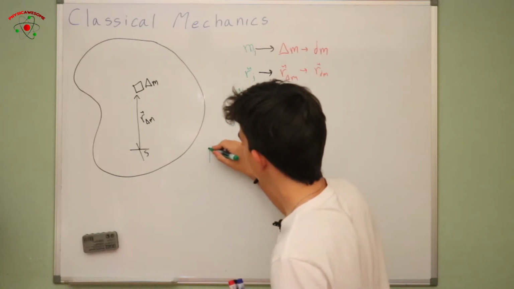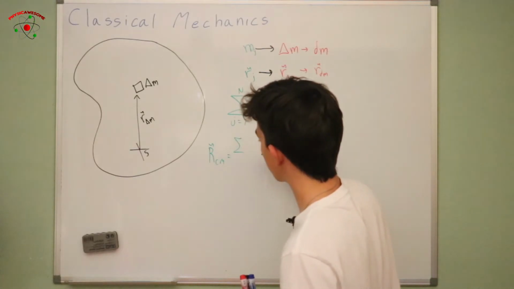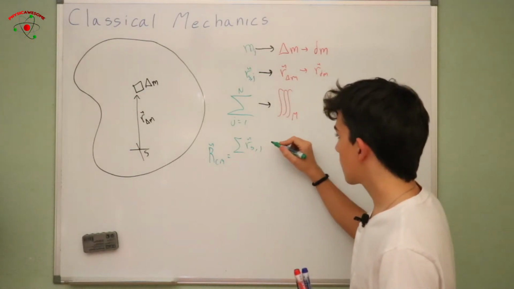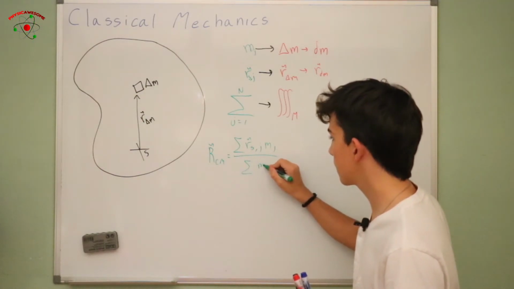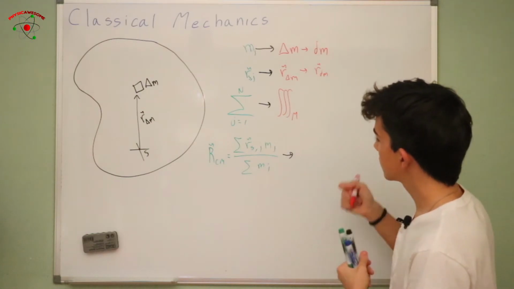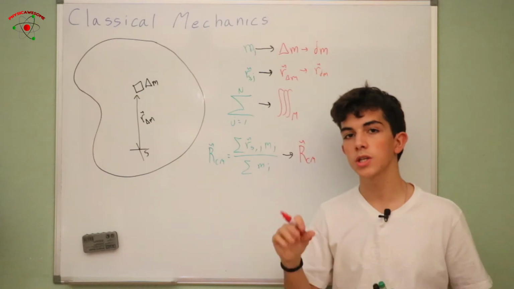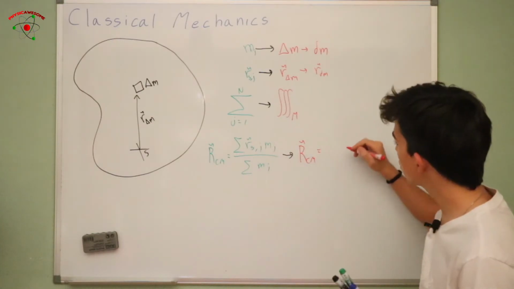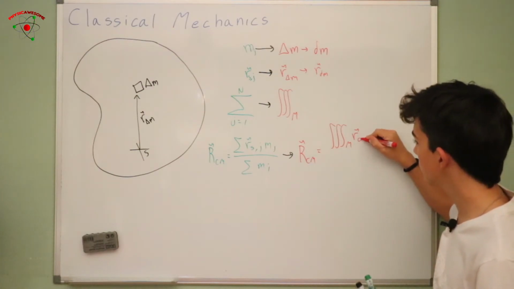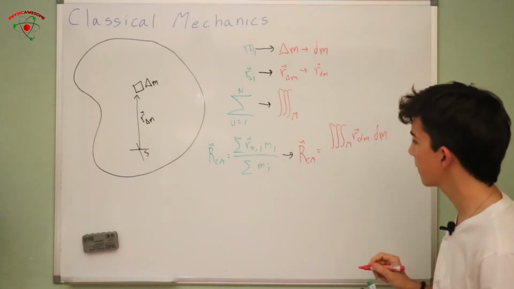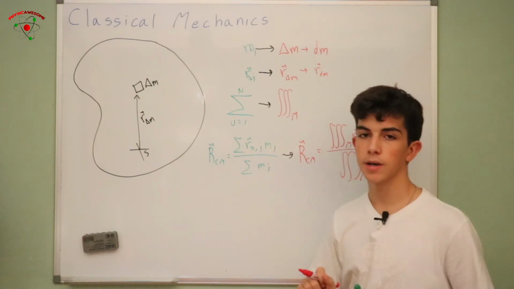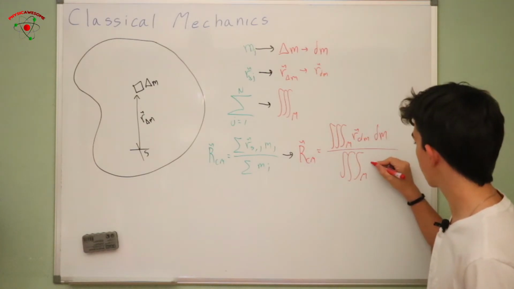We'll see that R Cm, that used to be the sum of R S comma J times the little mj over the sum of mj, has become, see, that the center of mass, the new continuous center of mass, equals, we have a sum, so we get a triple integral over the mass of this vector and its differential dm, and below here we get a sum once again, so that's a triple integral over m times the little differential of mass.